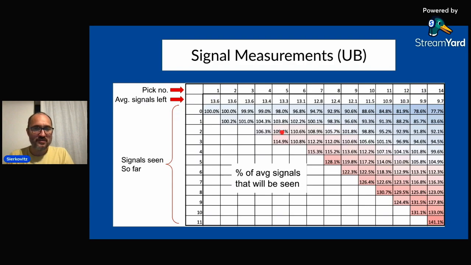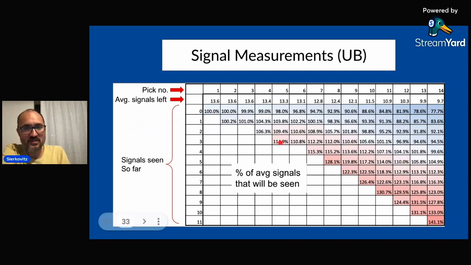If you've seen two signals, you got a 10% increase. So it's going to be like 1.3 more. So instead of seeing the average of 13.3, you're going to see 14.7 in the future. So you're going to see like a whole one card more on average because you've seen two blue-black signals before pick 5.